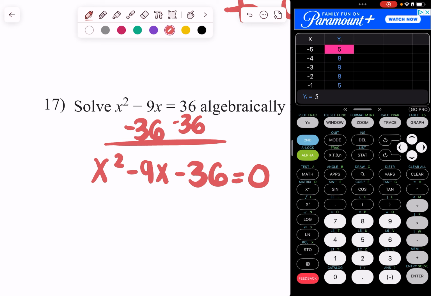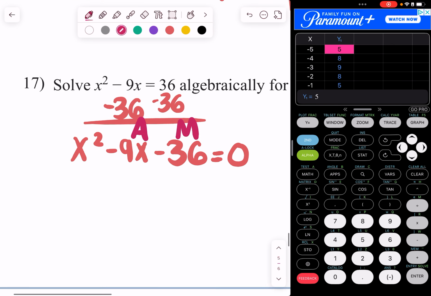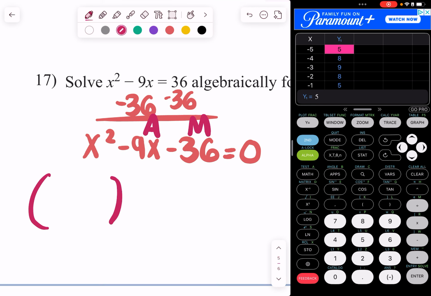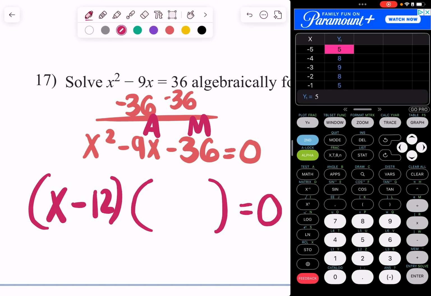There's no like terms, so I end up just writing it in standard form, which is x squared minus 9x minus 36. Now there is no number I could divide by each of these terms, no x. So I'm just going to write down what adds to negative 9 and what multiplies to negative 36. That would be x minus 12 and x plus 3.